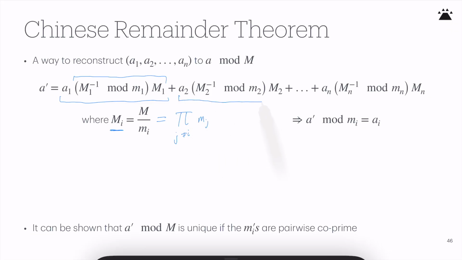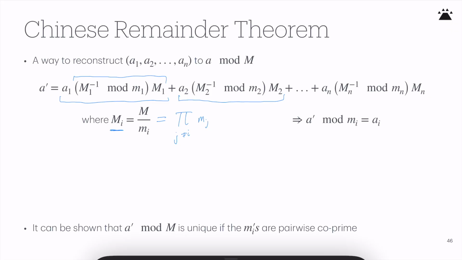Why is this good? Well, imagine we want to compute A tag, the sum of all of these partial products, where a_1, a_2, and so forth are those numbers in the RNS representation.